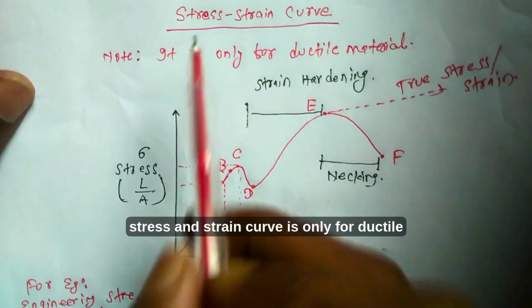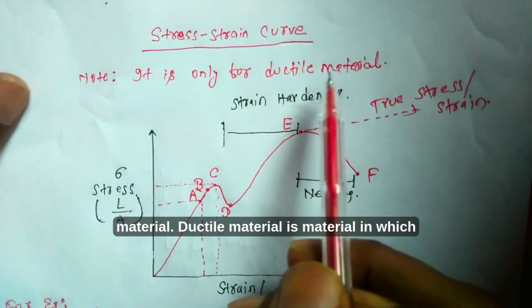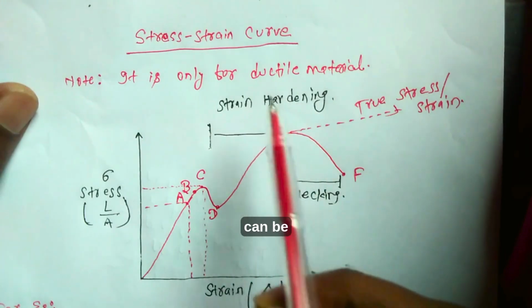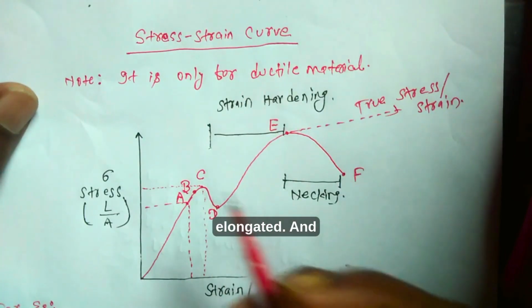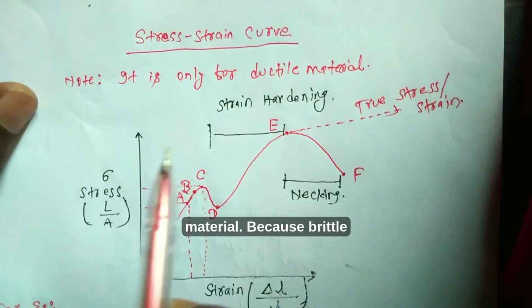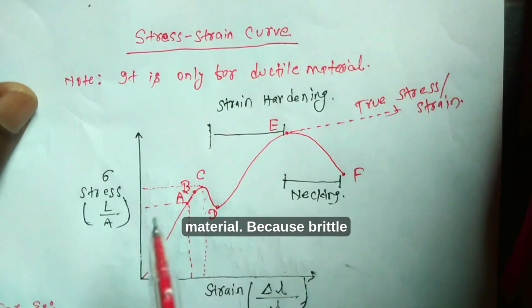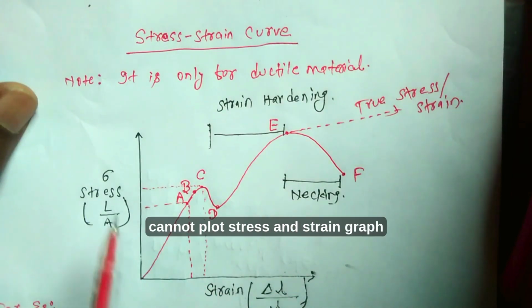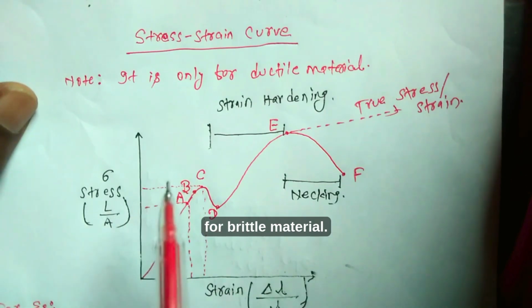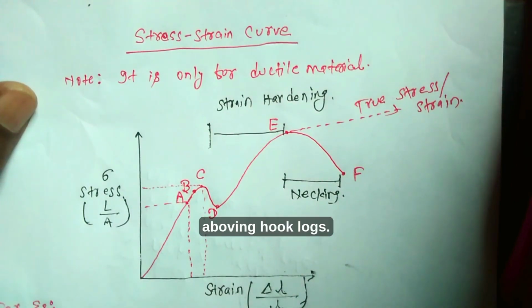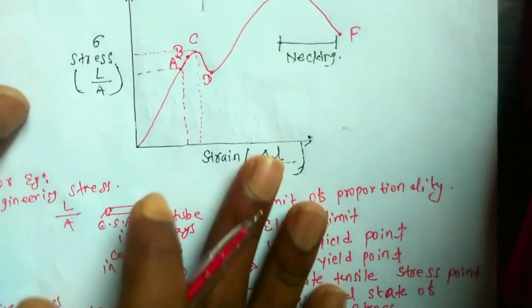The stress strain curve is only for ductile material, a material which can be elongated. It is not for brittle material, because brittle material does not obey Hooke's law, and we cannot plot a stress strain graph for it, because it fractures without obeying Hooke's law.